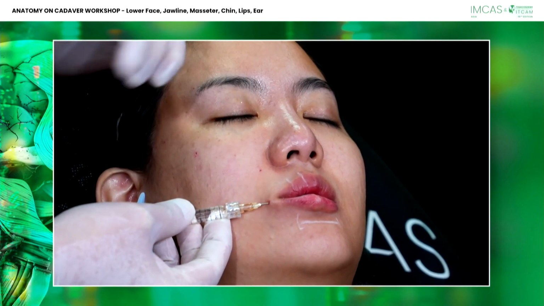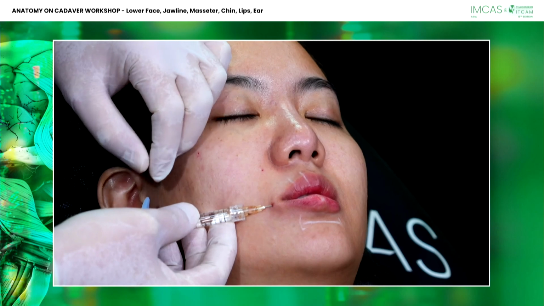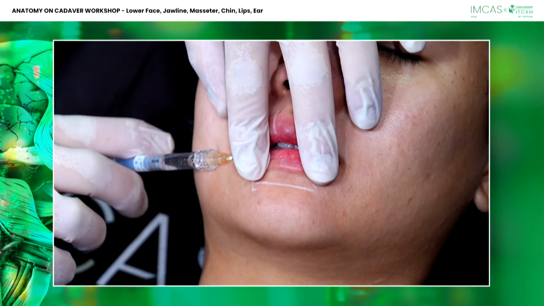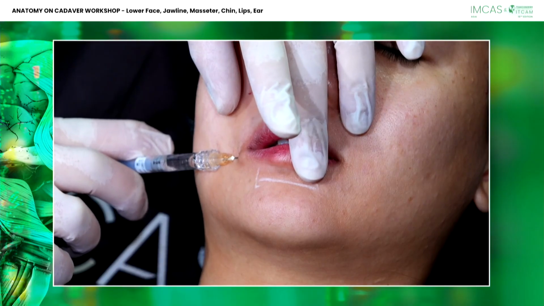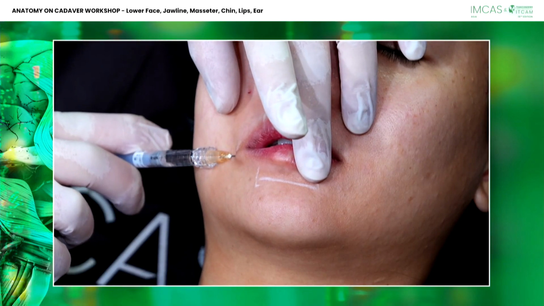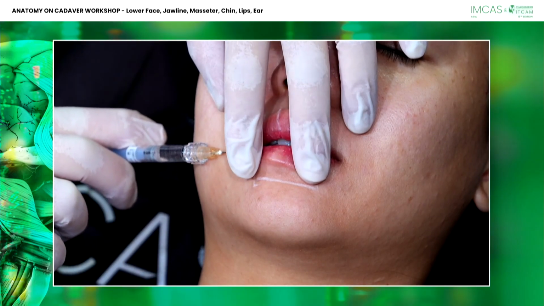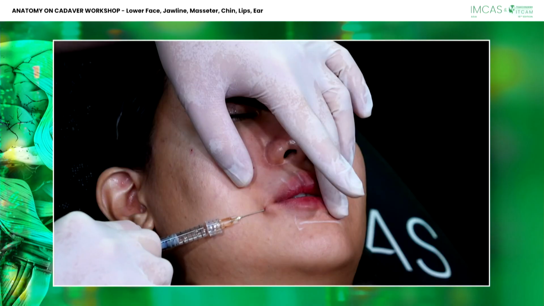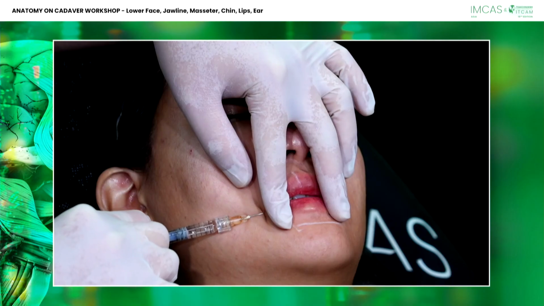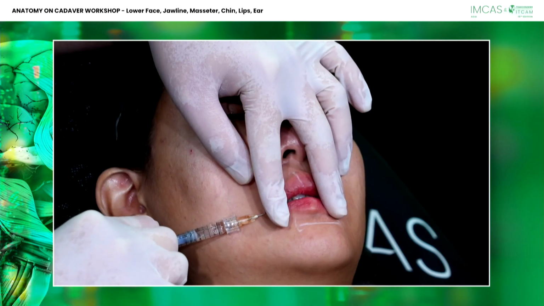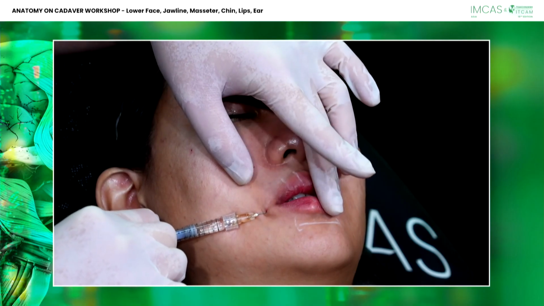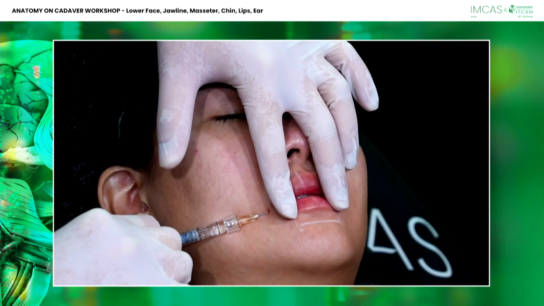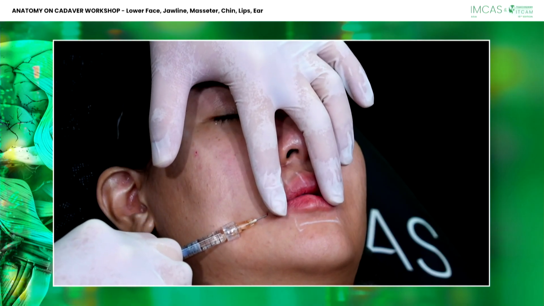Lift it up to make sure it's anterior to the muscle. I would inject approximately 0.2 cc using linear retrograde. You could appreciate over here that I'm not going in and out too often because that could traumatize the lip.